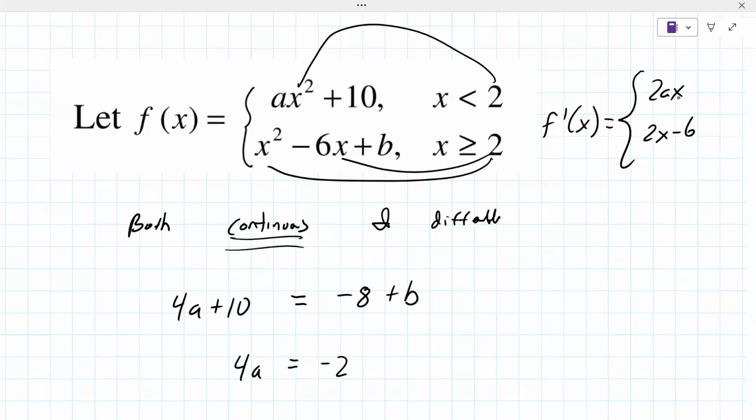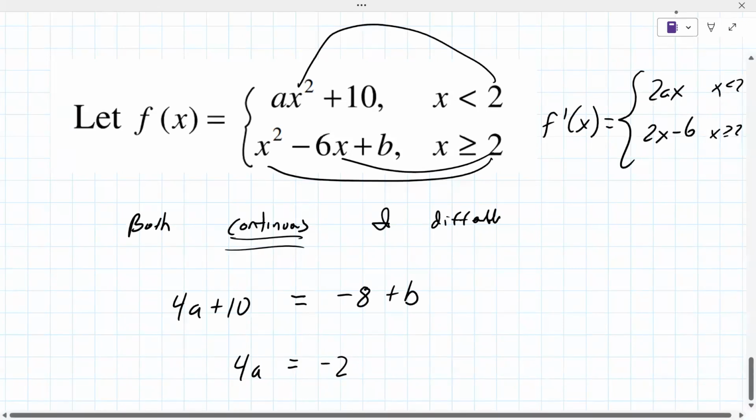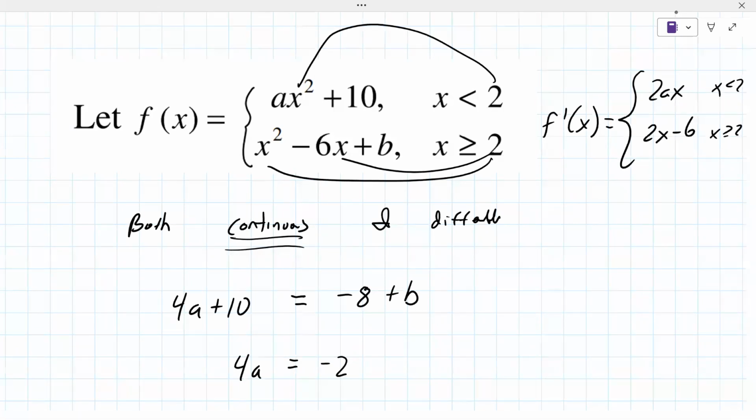Wait, I'm plugging 2 in, right? Yes, always the same value again. So 4a equals -2. Okay, so you can solve for a, negative 1/2.